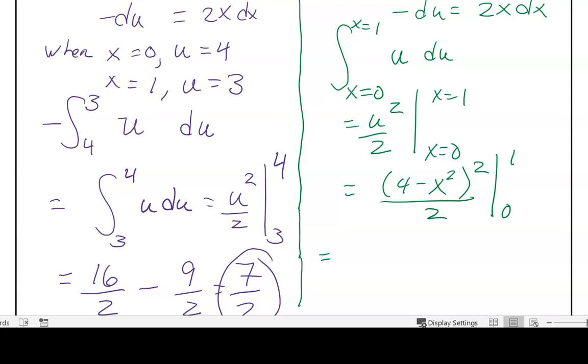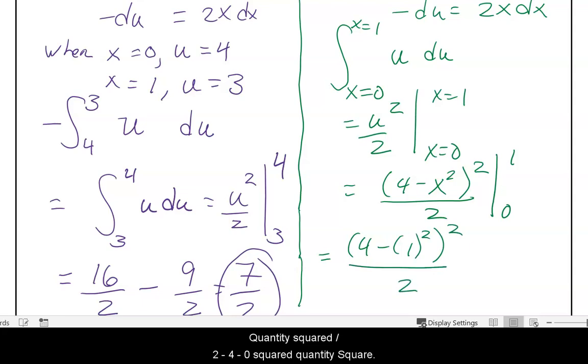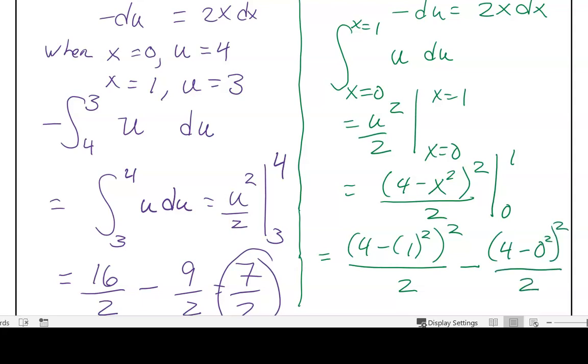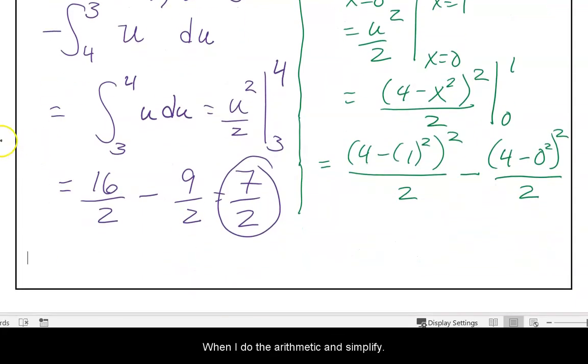This will give me 4 minus 1 squared, quantity squared, over 2 minus 4 minus 0 squared, quantity squared, over 2. When I do the arithmetic and simplify, I get 1 squared is 1 and 4 minus 1 is 3. This gives me 3 squared over 2.